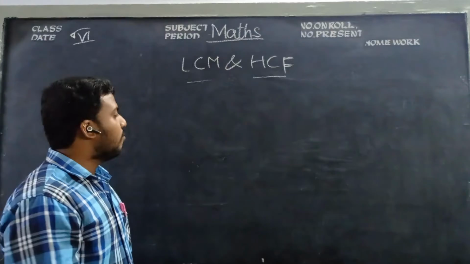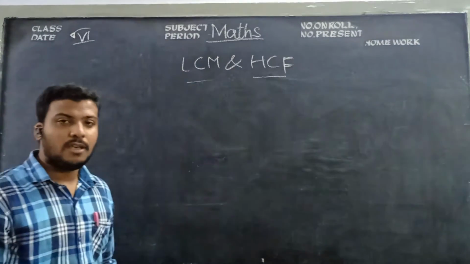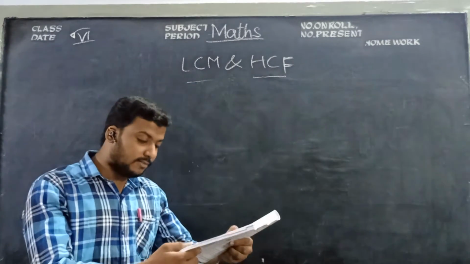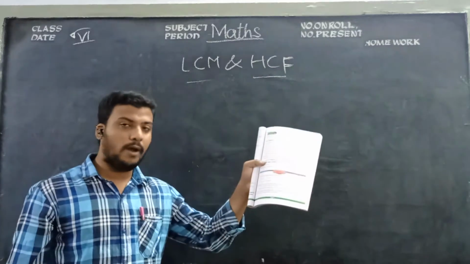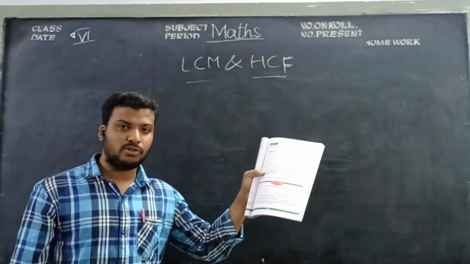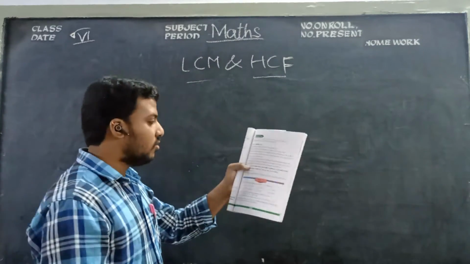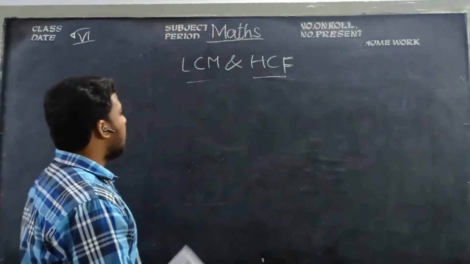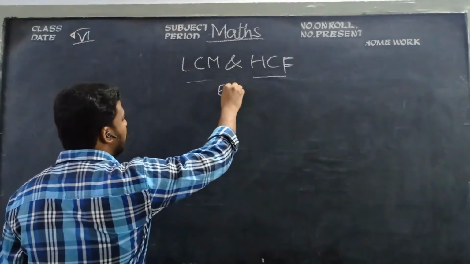So here, before going to discuss, you need to take page number 31 from the mathematics textbook children. Page number 31, chapter 3, and in that exercise 3.1 children.